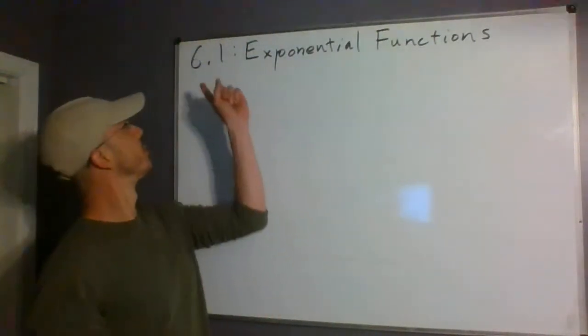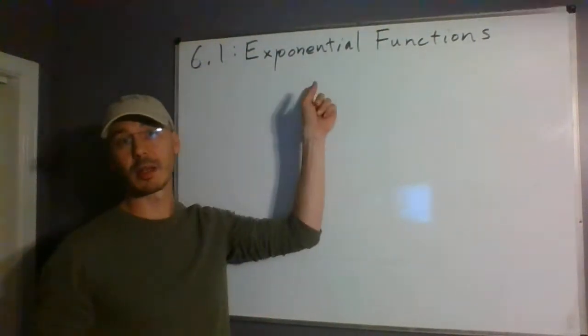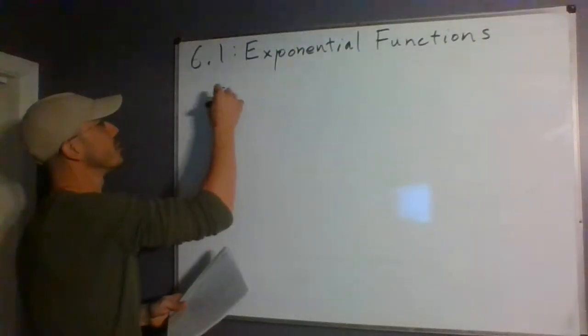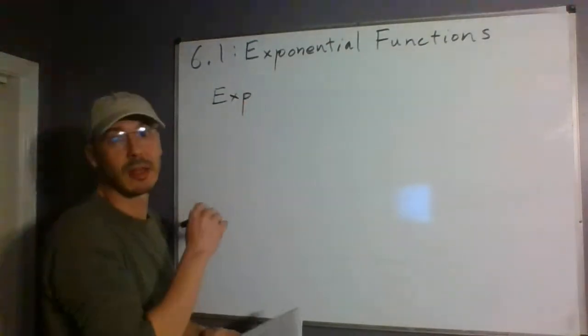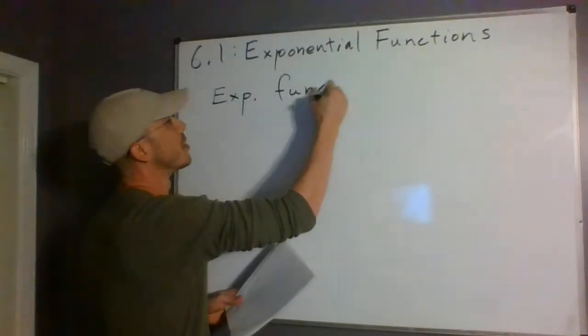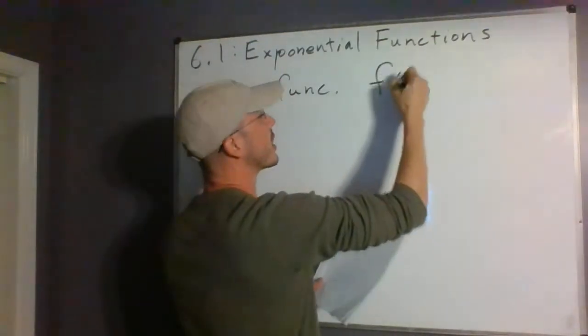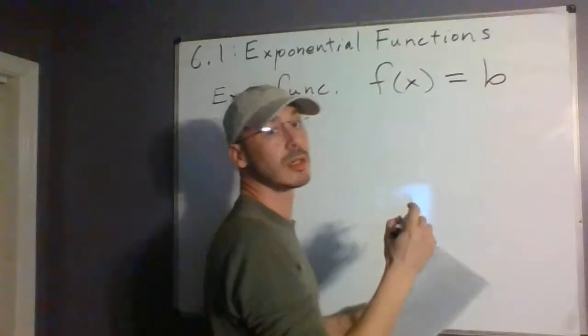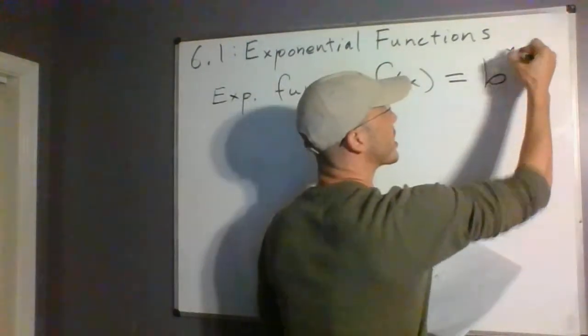This video is for section 6.1 on exponential functions. An exponential function, EXP for short, has the form f of x equals b to the x power.